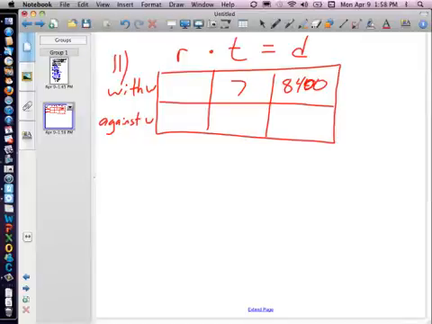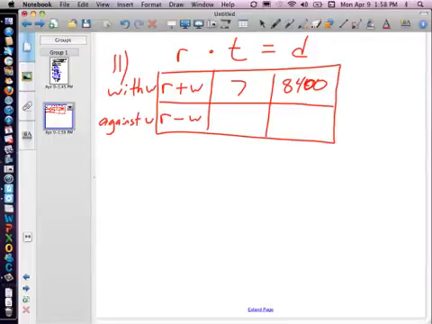Well, we don't know the speed of the plane, and we don't know the speed of the wind. So again, the speed of the plane, we're going to say R. And the speed of the wind, instead of C for current, we're going to just say W for wind. Now against the wind, the rate is going to be the opposite. It's the rate of the plane minus the rate of the wind.